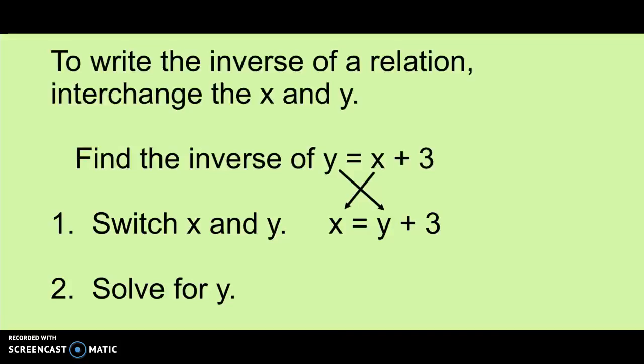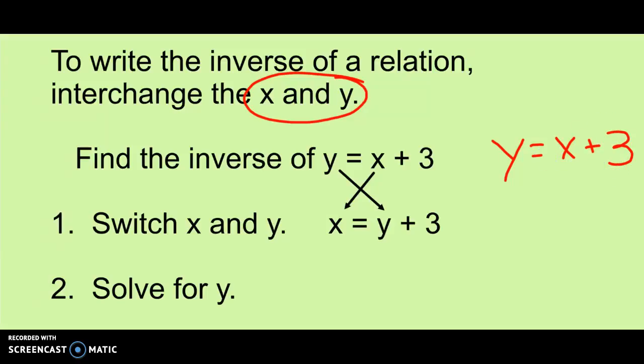So here are the steps. If you're going to write the inverse of a relation or even a function, all you do is change the x's and the y's, and then you solve for y. If you've got y equals x plus 3, go ahead and write these down as you go.